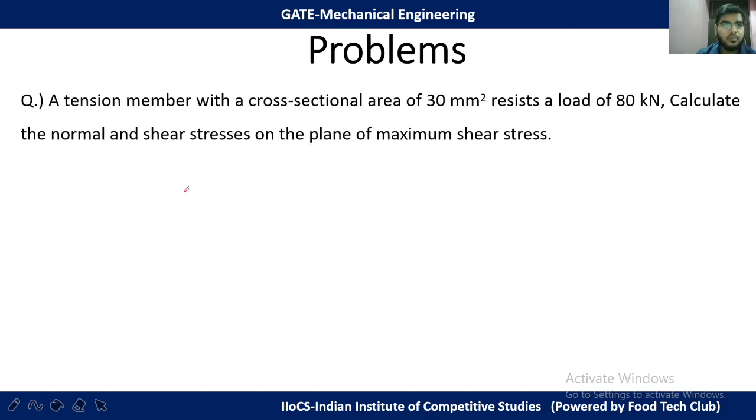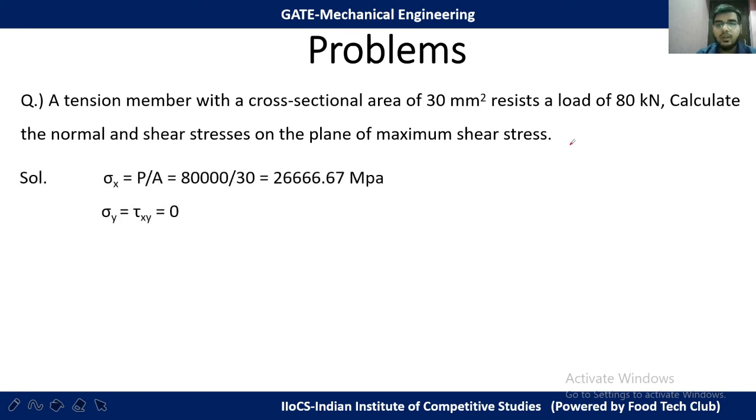There is another problem. A tension member with a cross-sectional area of 30 millimeter square resists a load of 80 kilonewton. Calculate the normal and shear stresses on the plane of maximum shear stress. So here only one axial load is given, and there is no applied shear stress.